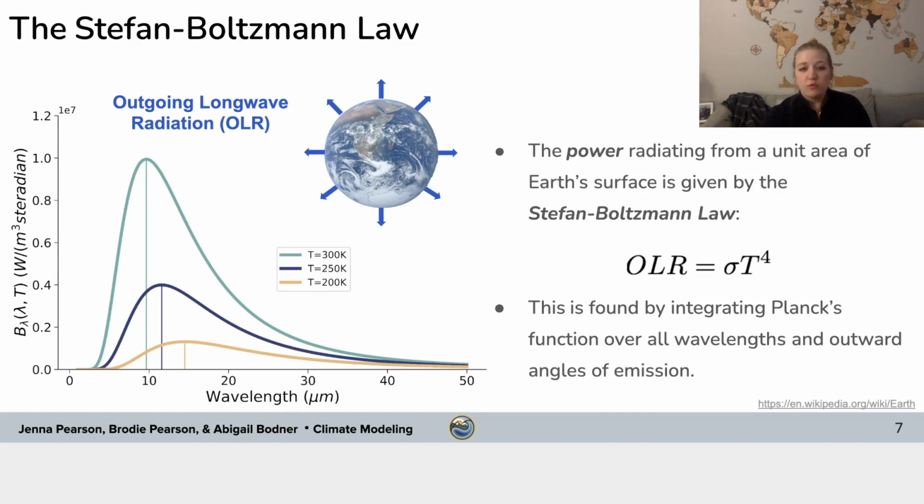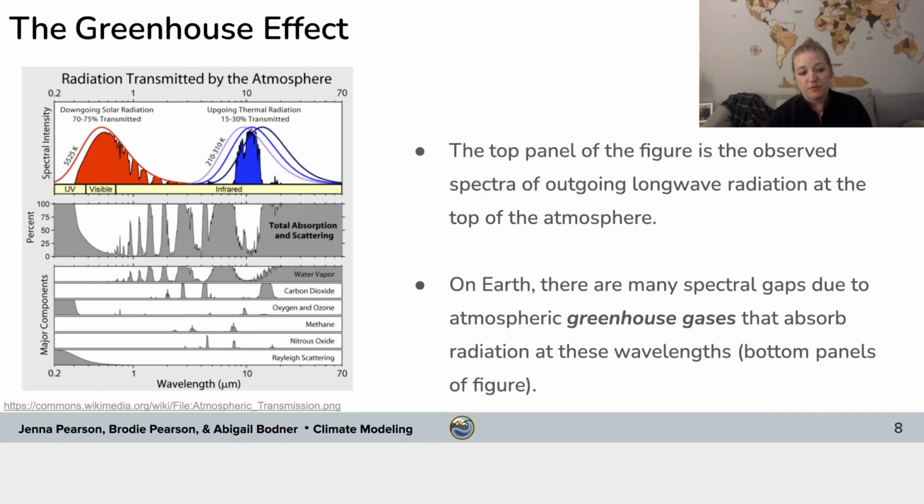And while we assume that Earth emits approximately as a black body, the radiation that actually makes it to the top of the atmosphere is much less than it should be based on the theory we just covered. And this is important because the top of the atmosphere is where we calculate our energy budget.